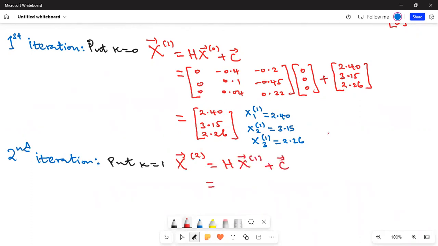When you make the substitutions, you will have 0, negative 0.4, negative 0.2, 0, 0.1, negative 0.45, 0, 0.04, 0.22.